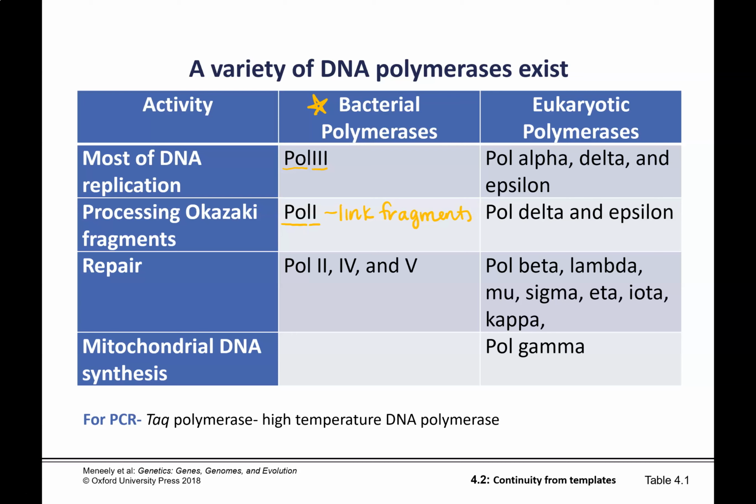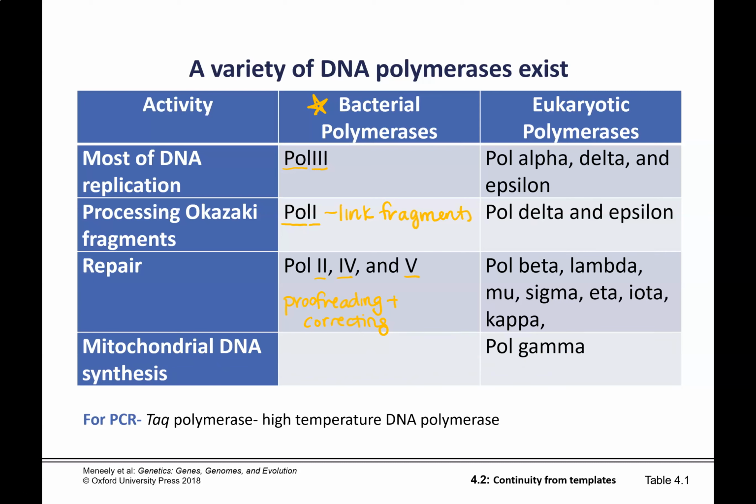And then DNA polymerase 2, 4, and 5 are going to be working on repair. So they're basically going to be proofreading and correcting. And then we're actually not going to worry about mitochondrial DNA synthesis.